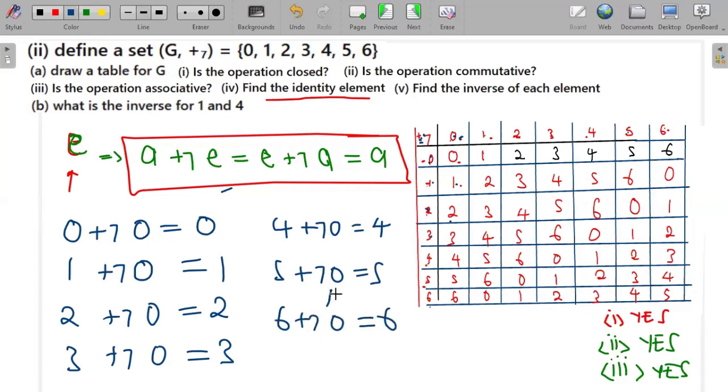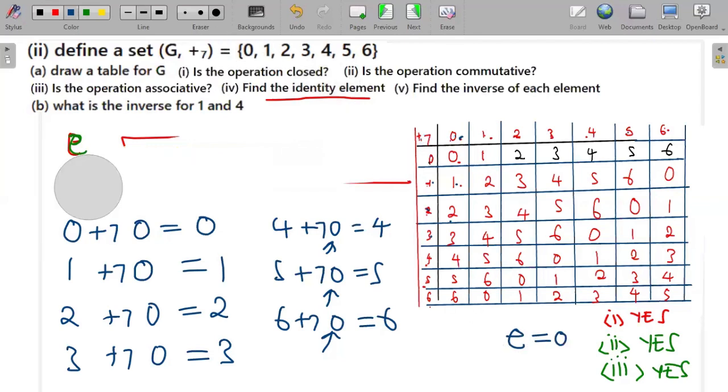So if I combine this 0 with any element, I just get the same element. So we're going to say the identity element there is 0.